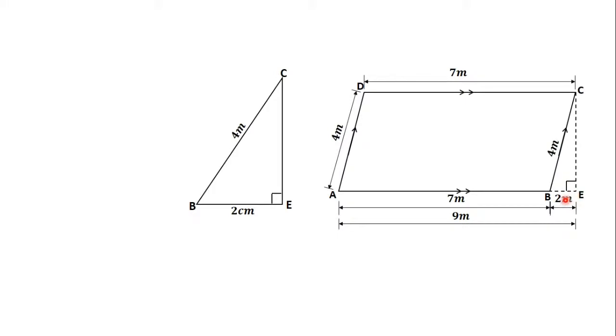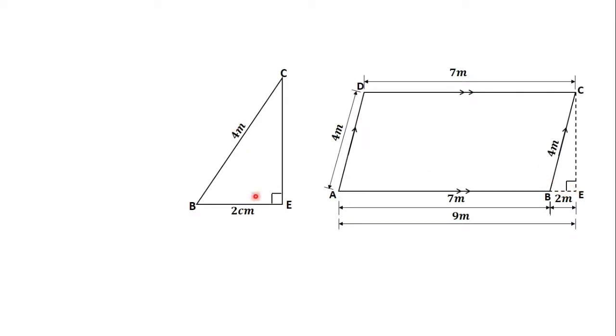You can see that the angle created at E here will be a right angle because this is a perpendicular line. So it's going to meet the line AE at a right angle. So the angle created at point E will be 90 degrees.